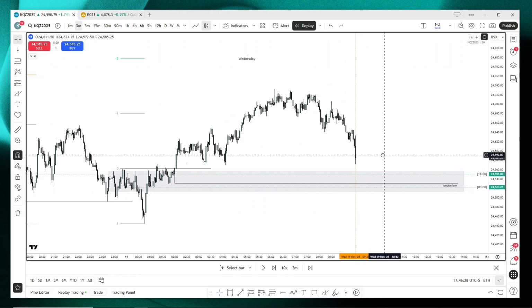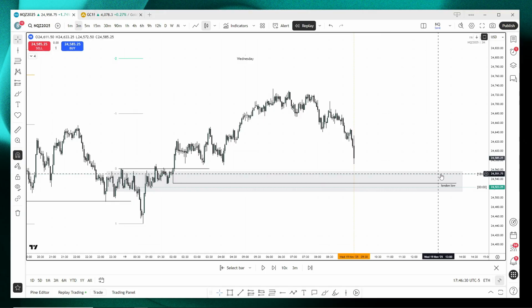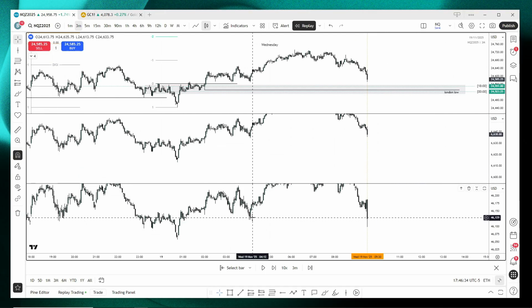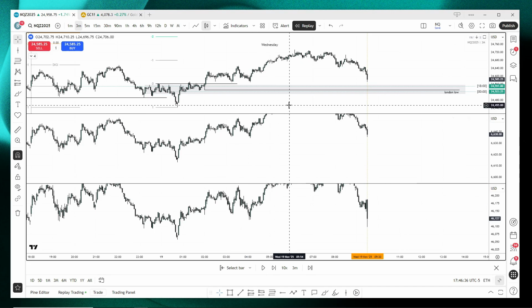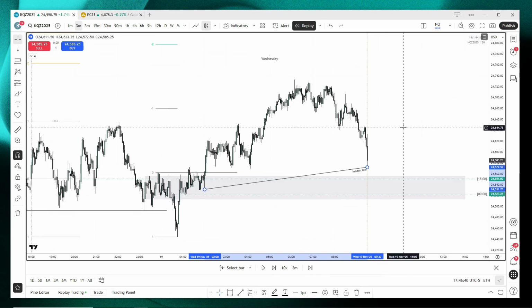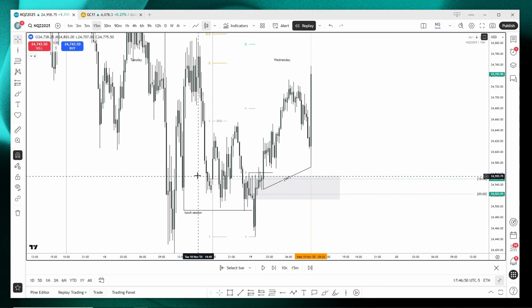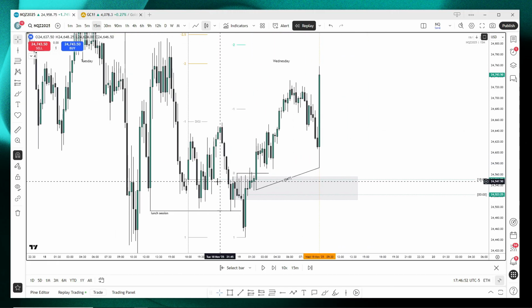So we haven't quite met the breaker block and the 1800 open quite yet, but what we did do is we actually formed SMT with YM at the London session low. So I actually had to improvise a little bit and understand that maybe we didn't need to trade into this 15-minute breaker and these opening prices. We had formed the SMT, and we were technically trading inside of a higher time frame breaker block as well here.